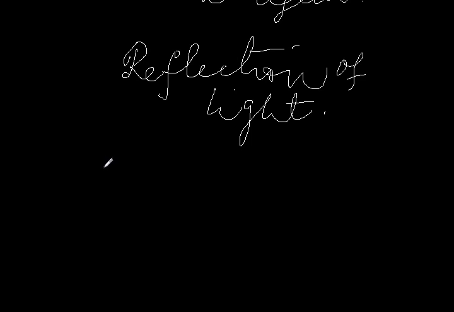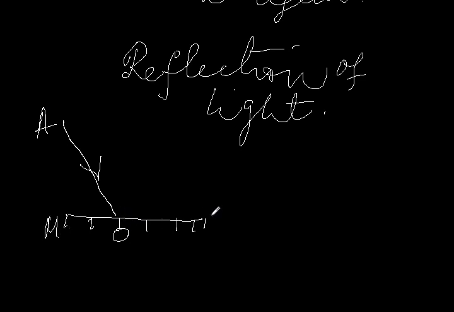What about reflection of light? What is reflection? Say there is a medium. This is a plain mirror, and light traveling through air, a ray of light, AO, is incident on the surface of the mirror MN at a point O. O is the point of incidence, and AO is the incident ray.